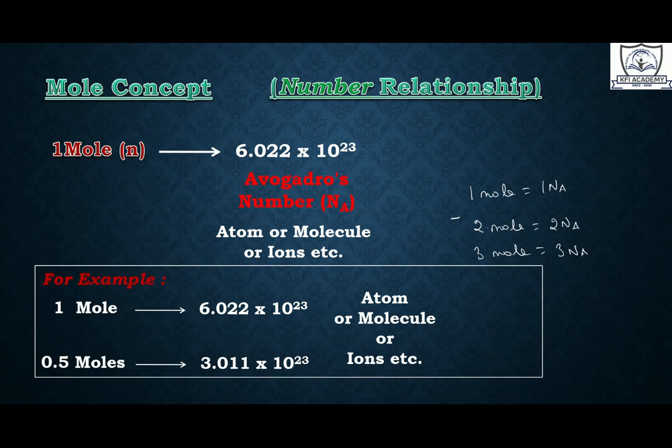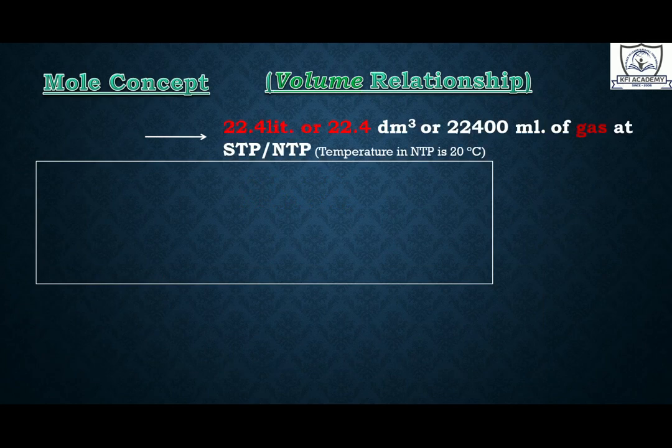So what is the relationship between mole and number? That is nothing but 1 mole is equal to 1 Avogadro number. Next we will discuss the relationship between mole and volume. One mole of any gas occupies 22.4 liters. The liter can be measured in terms of decimeter cube or milliliter or cubic centimeter at STP and NTP.